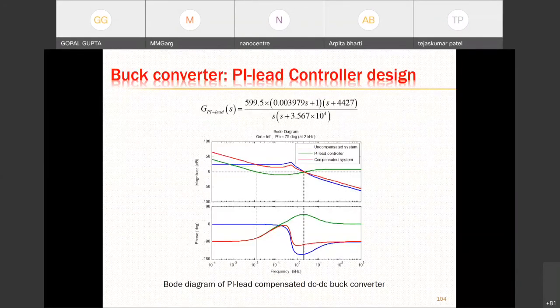Then there is the lead part, which takes care of the desired crossover frequency. Things are given in the paper, you can read. So in that case, we achieve both. For the same model which we were discussing for PI, if we see closely here, this is a different analysis. In this case, we got the phase margin of 75 degrees and the crossover frequency is also high.